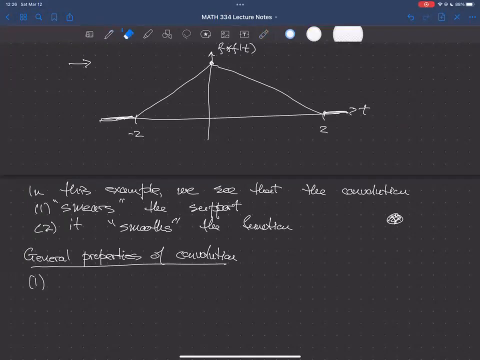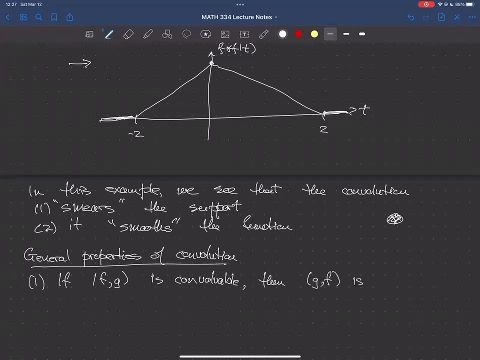All right. But if f, g is convolvable, then g, f is convolvable.